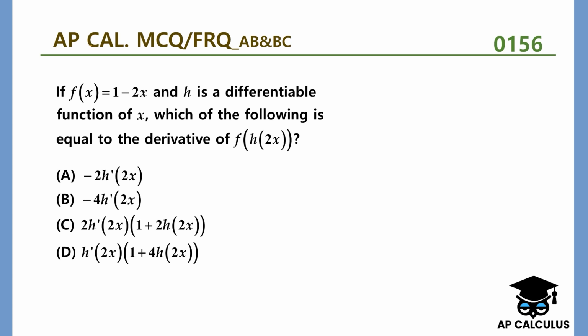Question 156. If f of x is equal to 1 minus 2x and h is a differentiable function of x, then which of the following is equal to the derivative of f of h of 2x? Okay, so let's differentiate with respect to x this function right here.